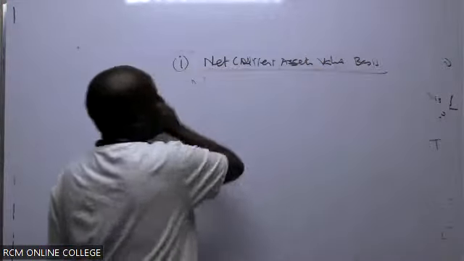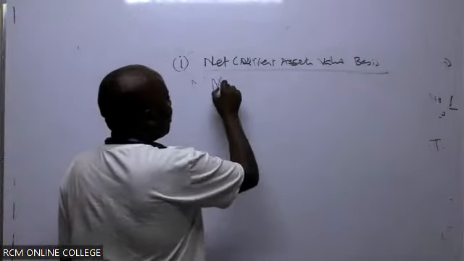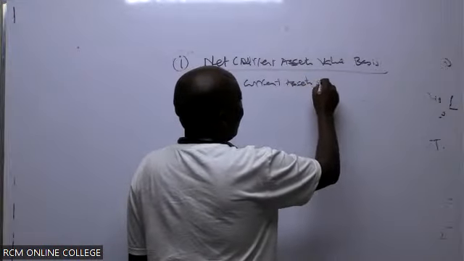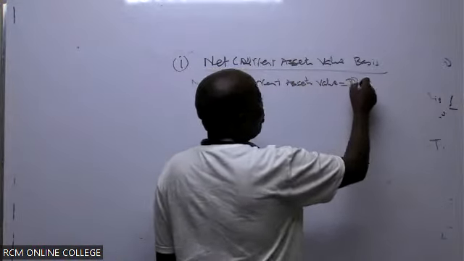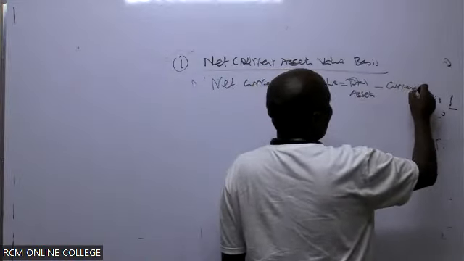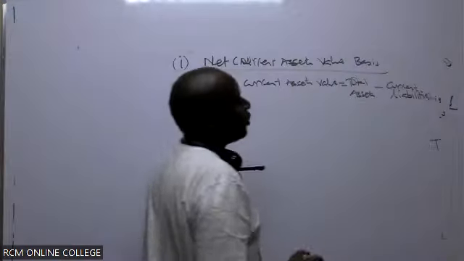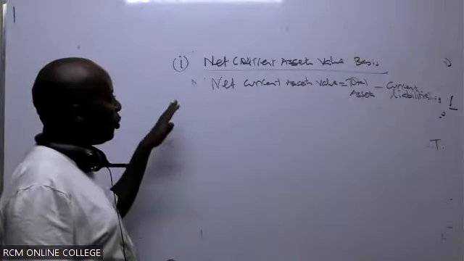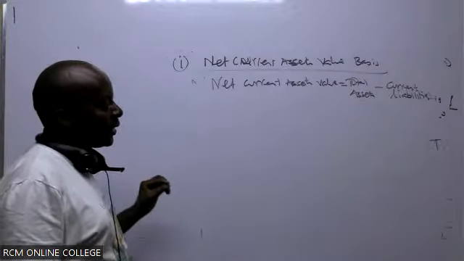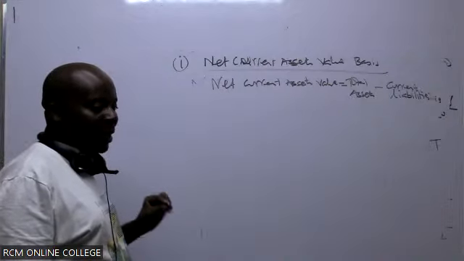It is this net current assets value, where we take total assets minus current liabilities. So if I were you, I'll do it using the two methods, and I'll write it this way. Net current assets value will be total assets minus current liabilities.